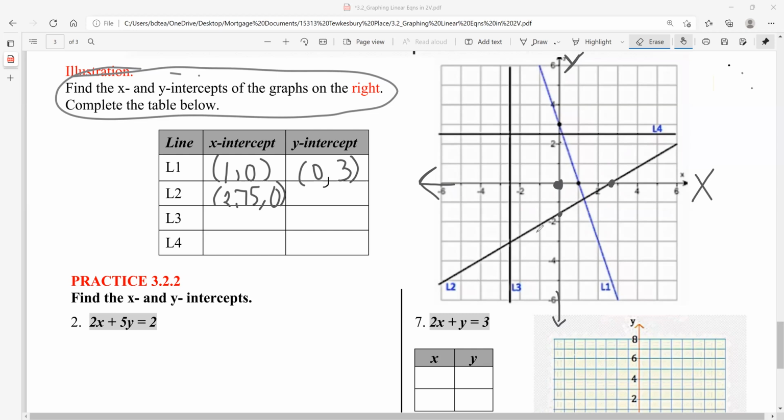Starting here, the x value is 0. And the y value, going down, I think we said that was negative 1.75.